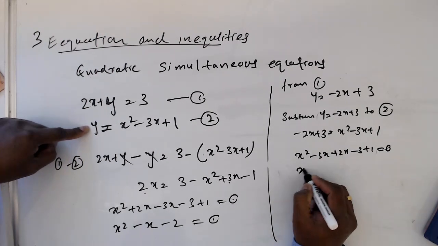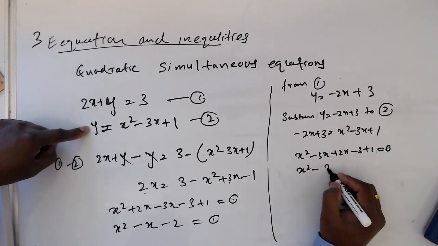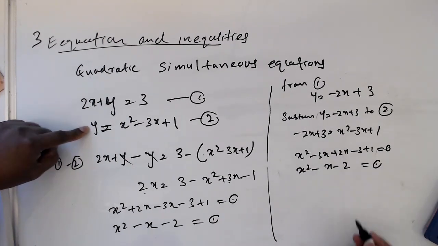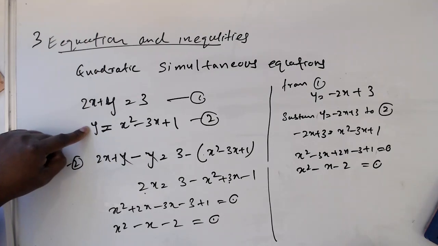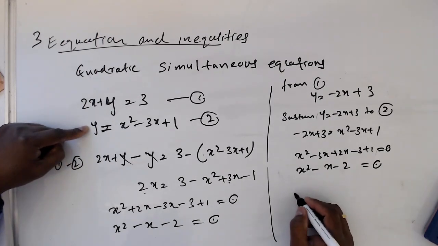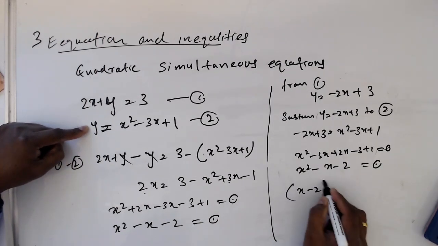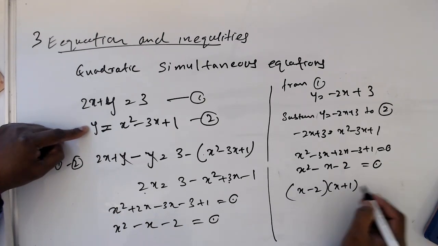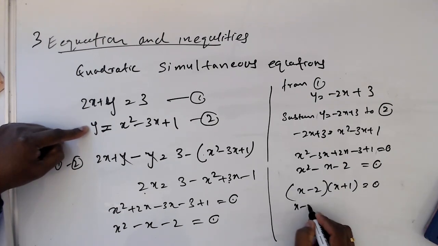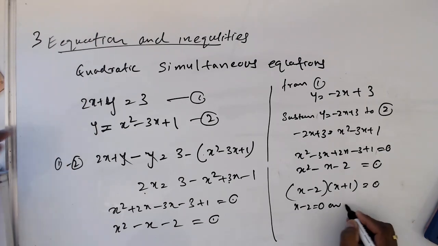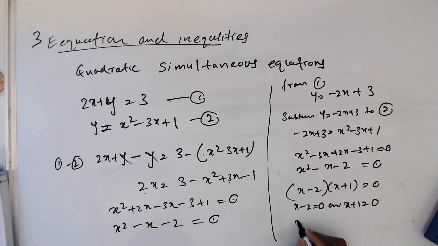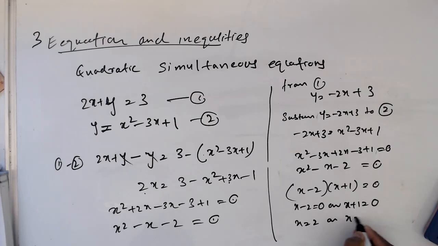Again you will get x square minus x minus 2 equal 0. Still the same equation. Now you can factorize this one. x minus 2, x plus 1 equals 0. x minus 2 equals 0, or x plus 1 equals 0, x equal 2, or x equal minus 1.